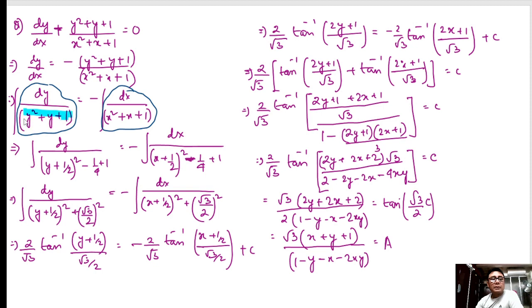Watch here how this part is written. This part I am writing it like this, and this part I am writing it like this.